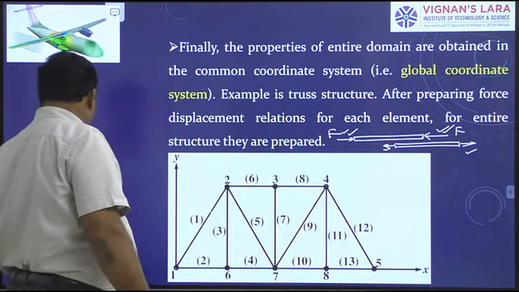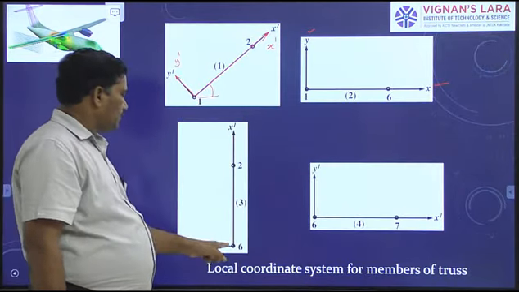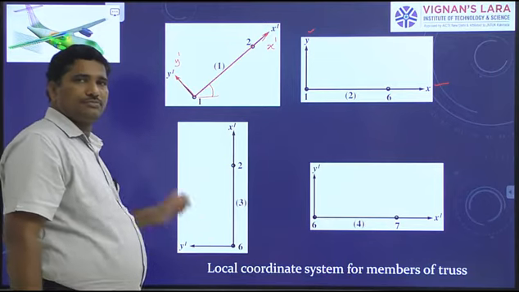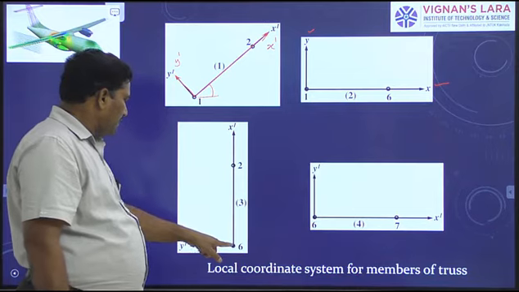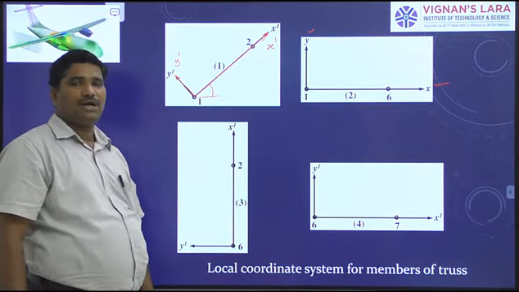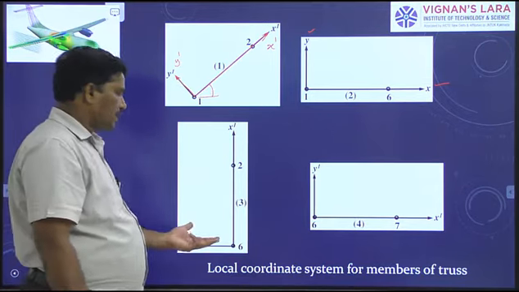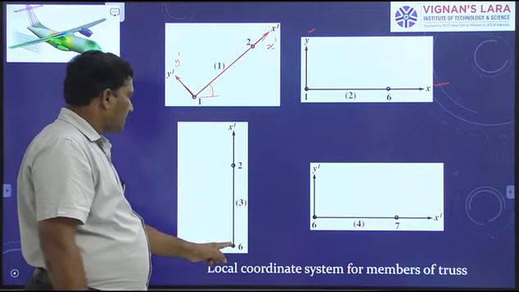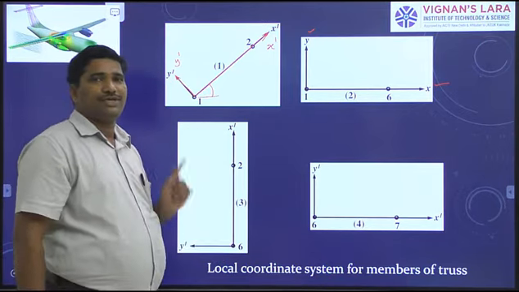For this element separately, we have a local reference frame like this. Do you take it with the y dash axis leftward and the x dash axis right upward? Yes, you can. Otherwise, you can take it with the x dash axis upward and the y dash axis rightward.